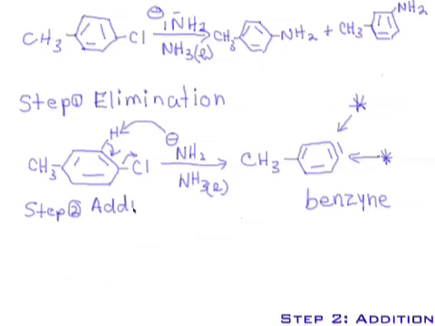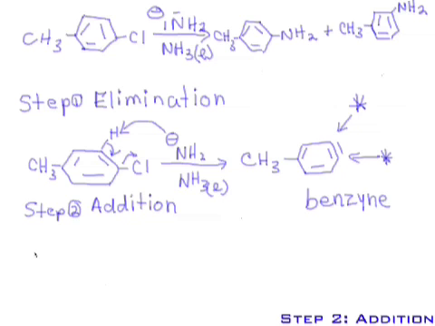Addition of the nucleophile. Benzyne being so reactive, the sp squared orbital overlapping so poorly and becoming so reactive, we get nucleophilic attack to make a carbanion.